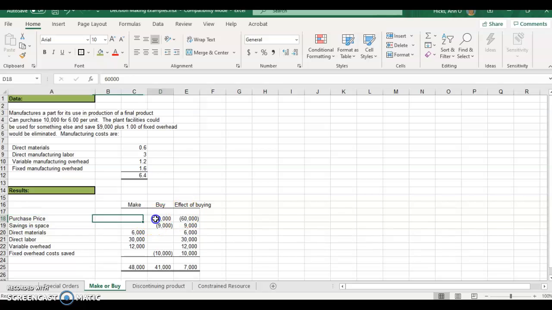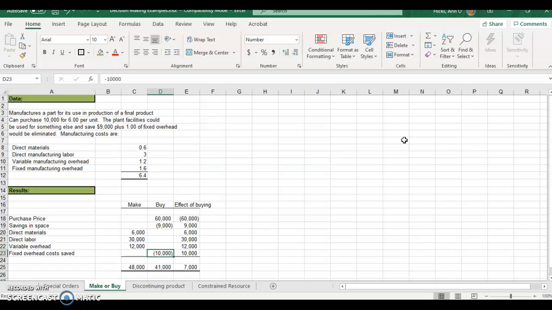Here's the analysis. If we buy the product, we will spend $60,000, 10,000 units at $6 per unit. We will, however, save that $9,000 because we're going to be able to use it for something else. So that will offset the purchase price.